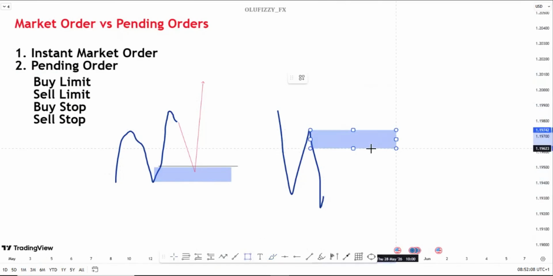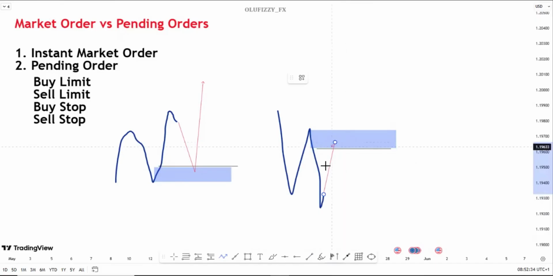Let's say you have a zone here that you want to sell from, but price has not gotten to that zone. So you set your sell limit here, which means you are expecting price to come to this zone first. You want price to go up first and then drop from that zone that you marked.